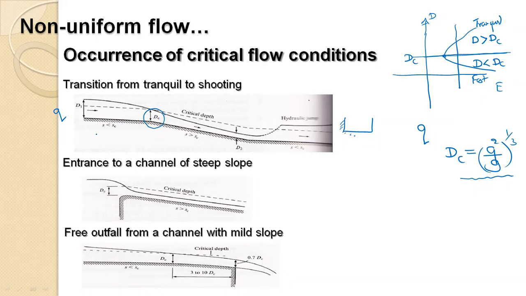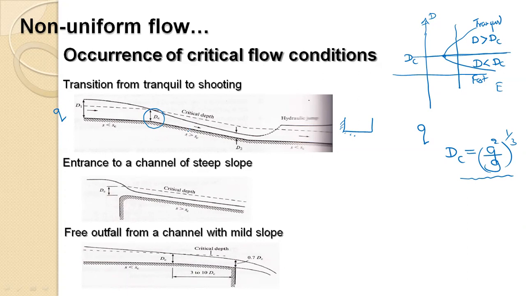Now when you have a mild slope, the velocities will be fairly mild, and that would lead to larger water depths. Possibly it can be even larger than the critical water depth. If you make the bottom steeper, then the velocities will become higher.